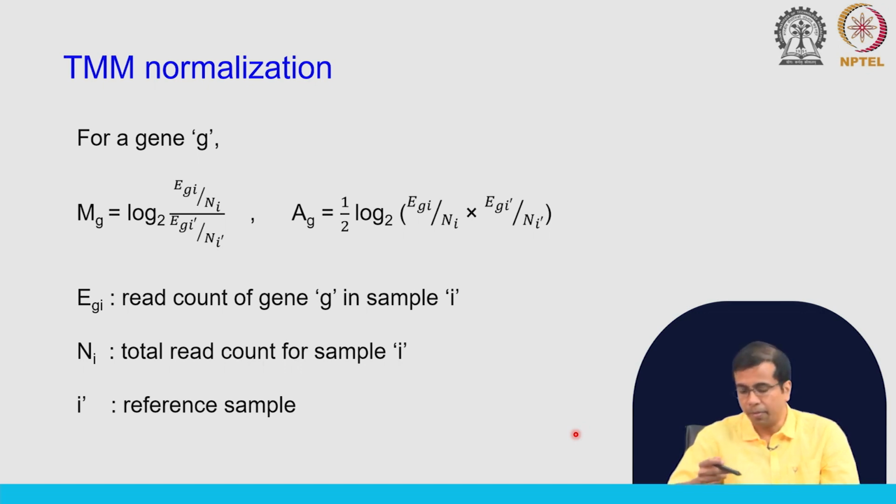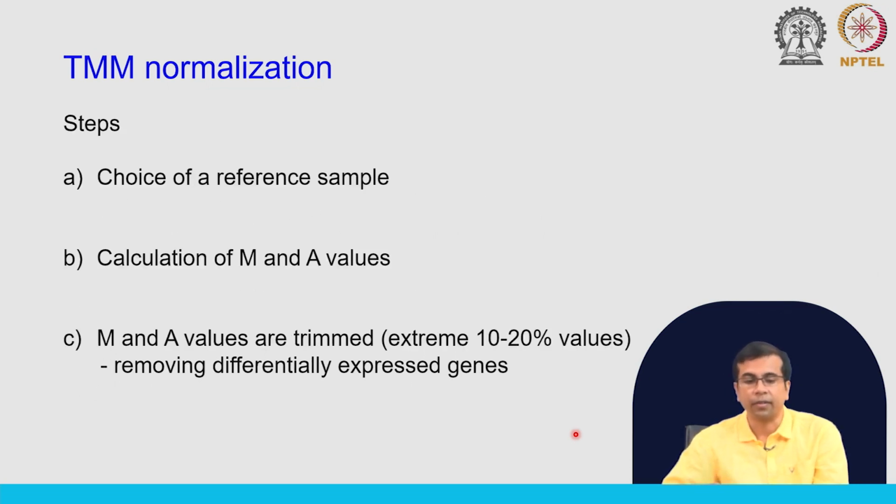Okay. So, once you have calculated this, the next step is to trim these M and A values, usually the extreme 10-20% or 30% values. So, trim out those genes that show these extreme values, right. You get a distribution and trim out these 10-20 or 30% values.